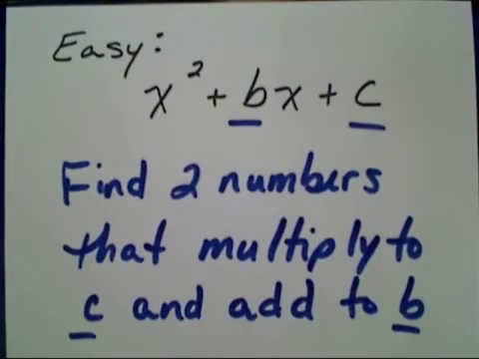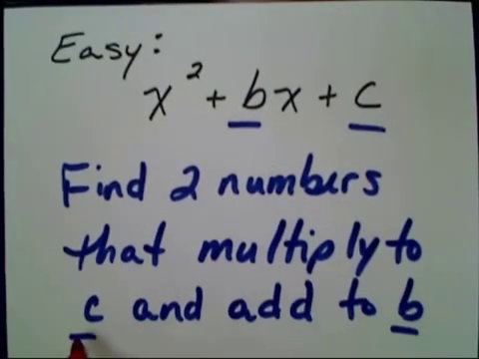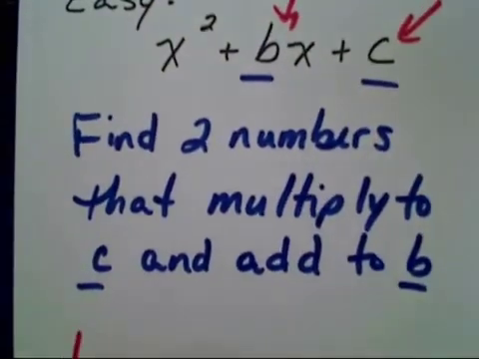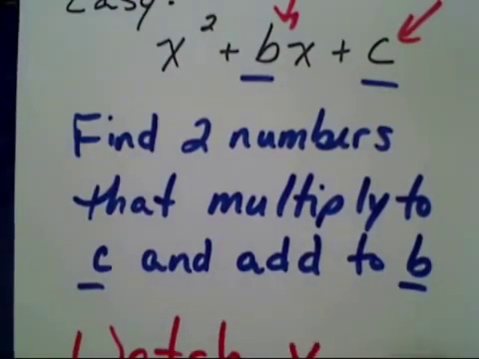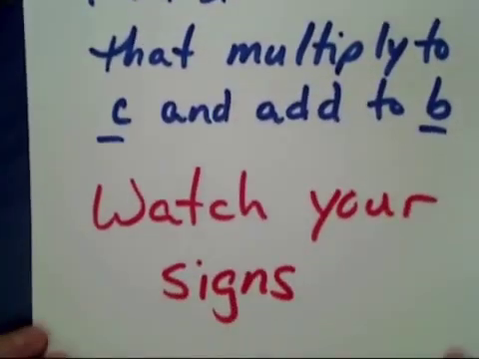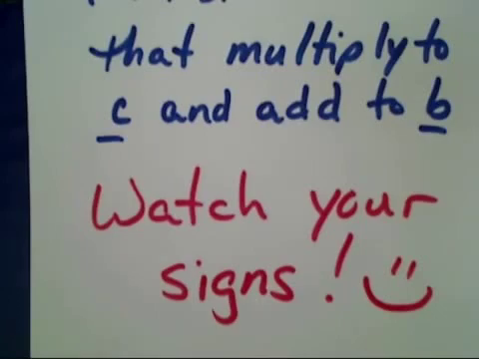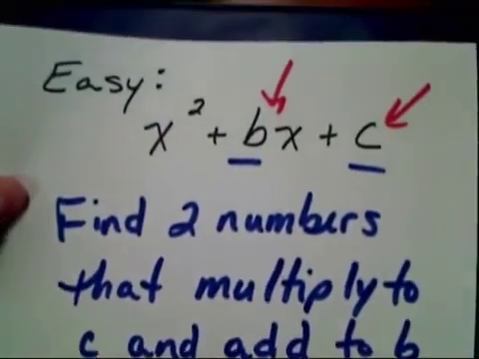So for the easy form of a trinomial, when we have x squared plus bx plus c, the key is to find two numbers that multiply to c and add to b. So you're going to ask yourself, what two numbers multiply to c and add to b? And as always, watch your signs. If c is positive, then both signs will match what b is.